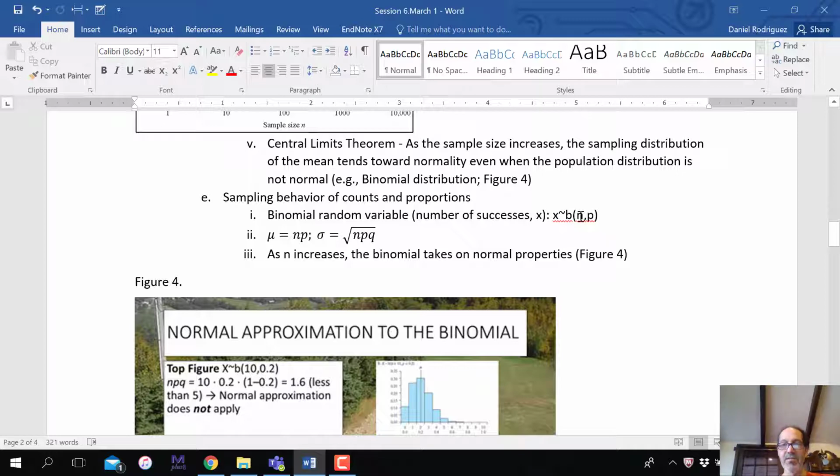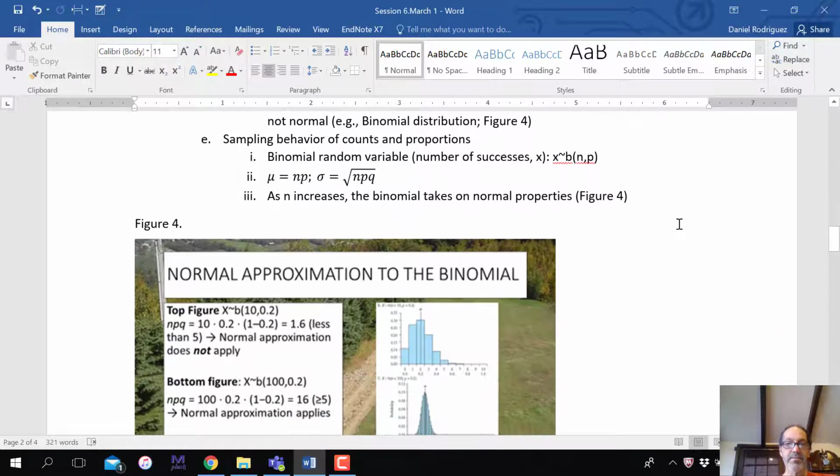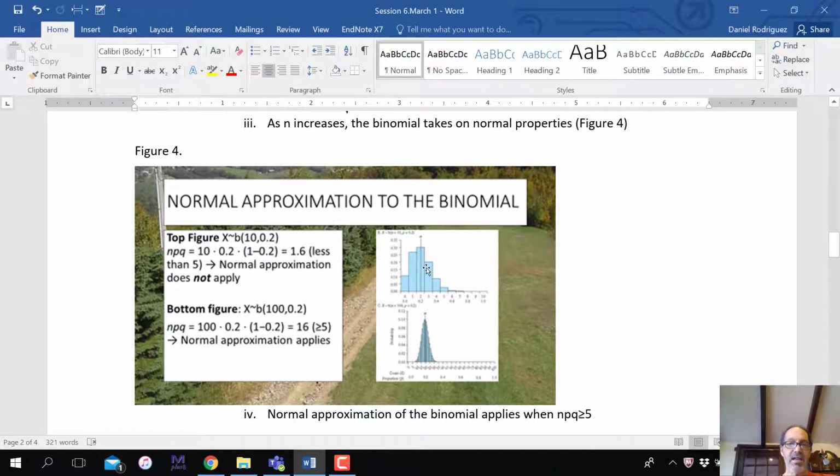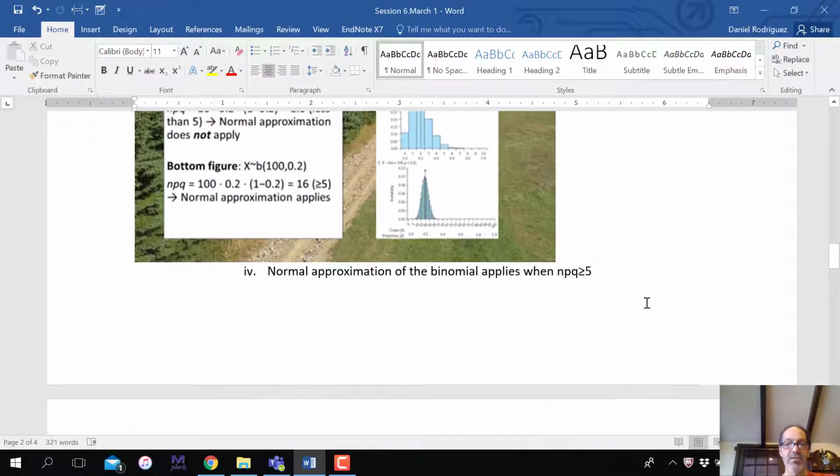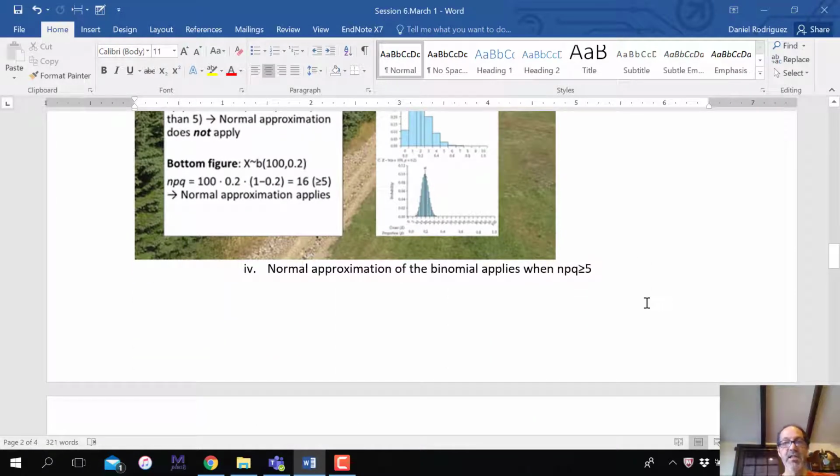So n is the number of independent Bernoulli trials, and p is the probability of success for each of those independent Bernoulli trials. The mean of this distribution is n times p, and its standard deviation is the square root of npq. And I showed you how as n increases, the binomial tends towards normality. So we can use that.